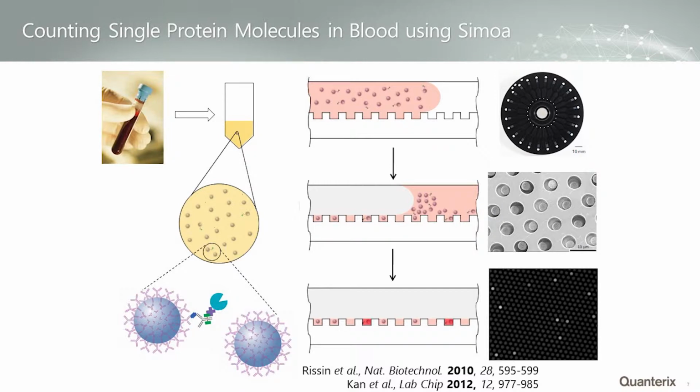We then form an immunocomplex on the beads with an enzyme label. We flow the beads into our Simoa disk. They fall into the 240,000 wells. We seal them up with oil, and then we start imaging those arrays, and we can determine whether there are beads in the wells and whether there are single enzymes associated with those. And so we can count single proteins in that way.